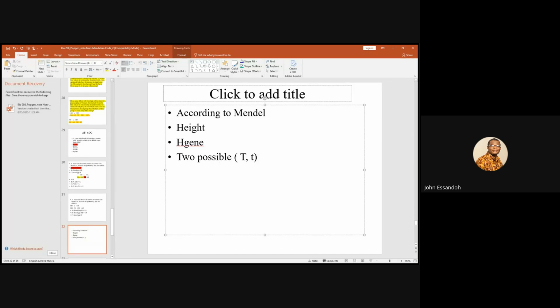With these two alleles, what are the possible genotypes?